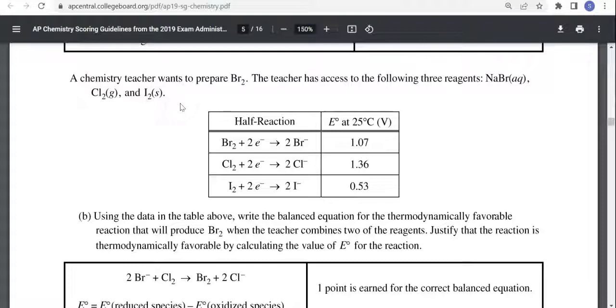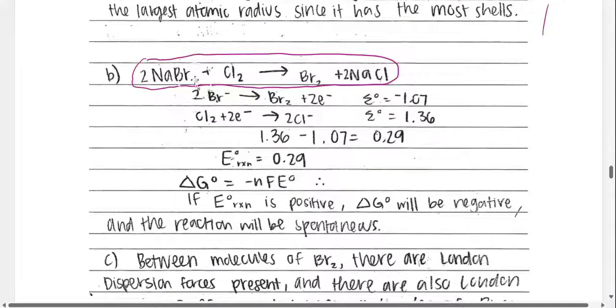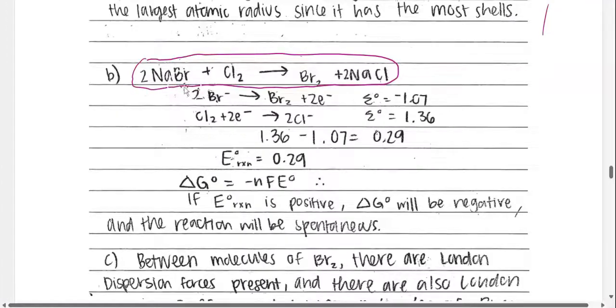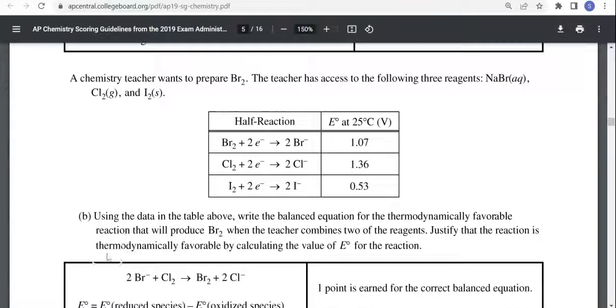So really, the source of the Br minus ions would be NaBr. And so even though they write it slightly different than this, I think it is perfectly fine to write it like this. I'm just keeping in mind that this is not the net ionic equation. This would be the net ionic equation. But it doesn't ask for the net ionic equation.